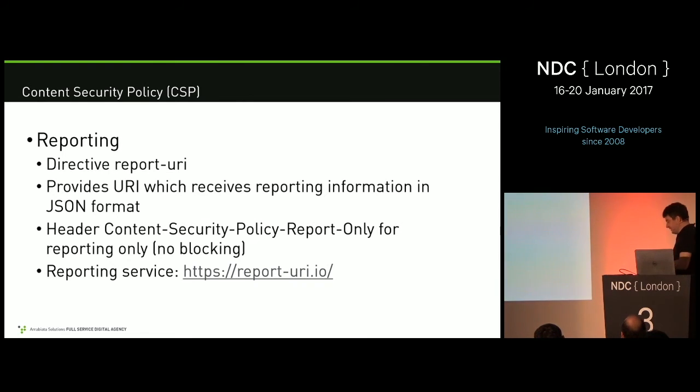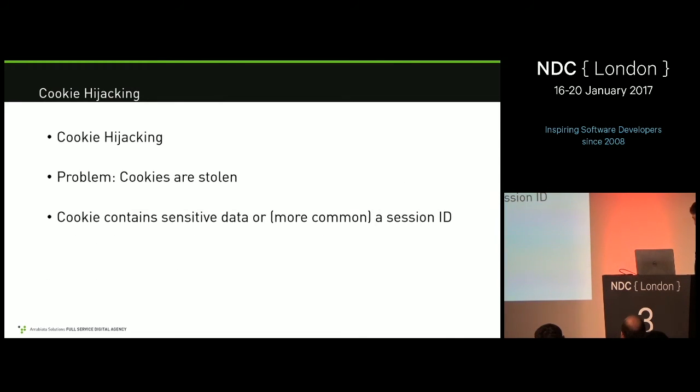All right, so that's a very quick dash through content security policy, but there's a little bit more. Let's assume there's a successful cross-site scripting attack. One of the attacks that happen quite often when cross-site scripting works is cookie hijacking, which means that cookies are somehow stolen. With cross-site scripting, it's easy.